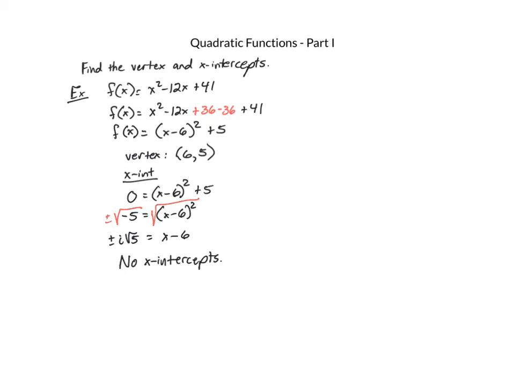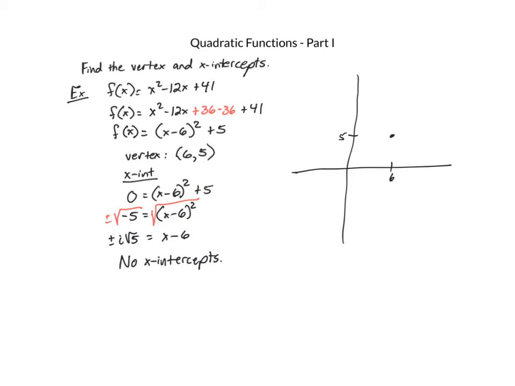Let's see why not. Our vertex was right here at (6, 5). This parabola opens up because our leading coefficient, that's this coefficient right here, is positive.